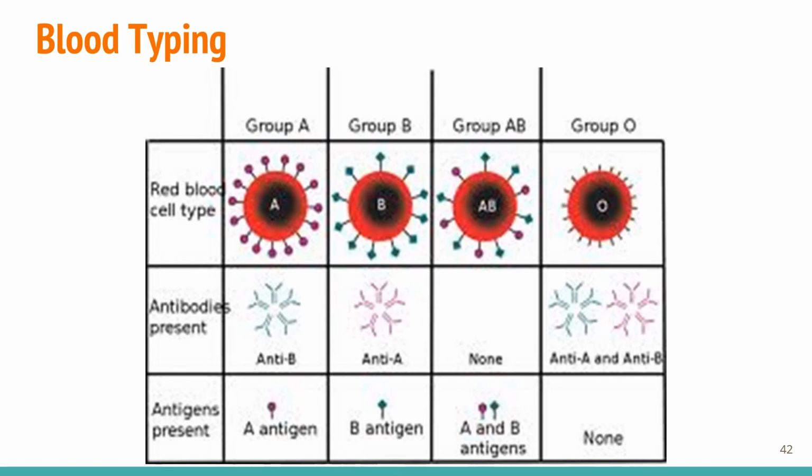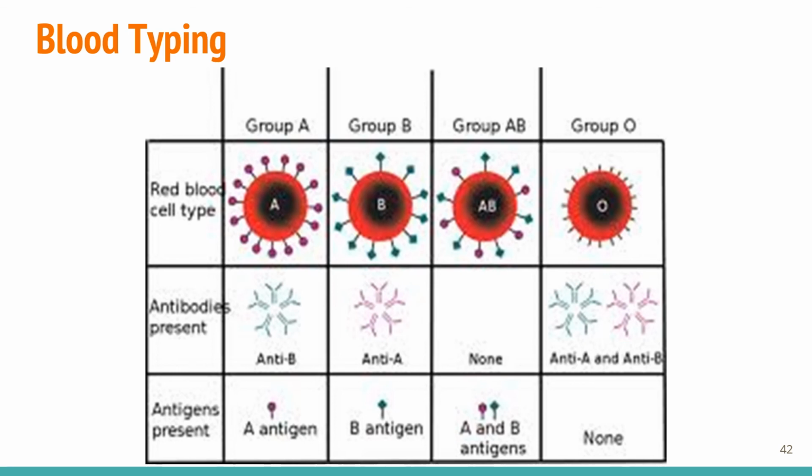I'm going to repeat that. For Rh negative, there is no Rh factor present in red blood cells. That's like the group O there where it says none. So no Rh factor, no antigens present in the red blood cells, and no anti-Rh antibodies present naturally in the plasma.